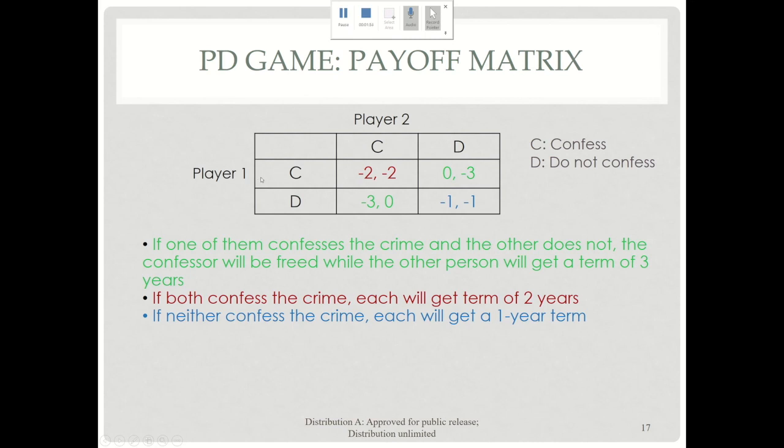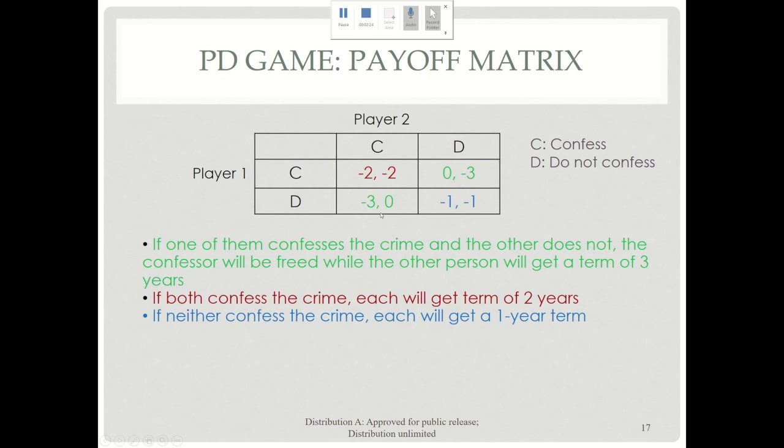Let's suppose that player 1 is the confessor, so it plays C, so we're going along this row, and player 2 is the don't confessor, so we're going along this column. So we end up along C and D here at this cell. And at this cell, the game statement says the confessor will be freed. Player 1 was the confessor, so freed means it gets a term of 0 years. And the other person, which is the don't confessor, gets a term of 3 years. That's why player 2's utility is -3 here.